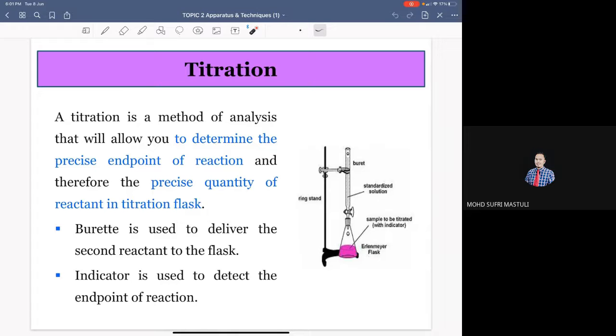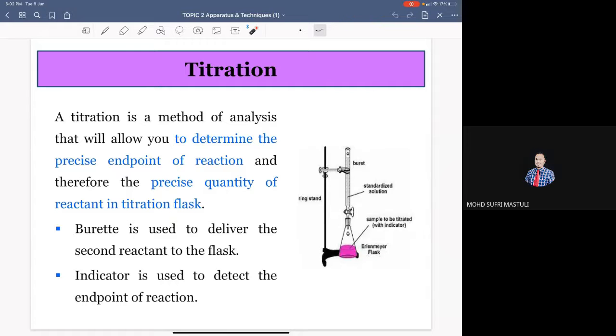Now we continue with titration. Titration is a method of analysis that allows you to determine the precise endpoint of a reaction, and it also allows you to determine the precise quantity of reactant in the titration flask. A burette is used to deliver the second reactant to the conical flask.